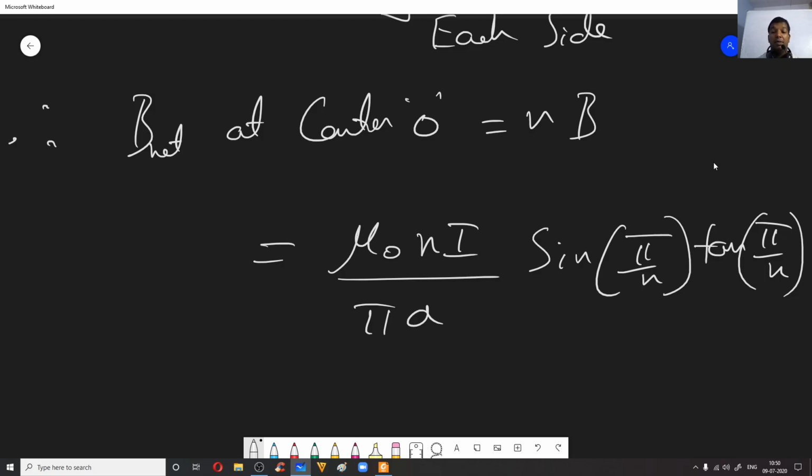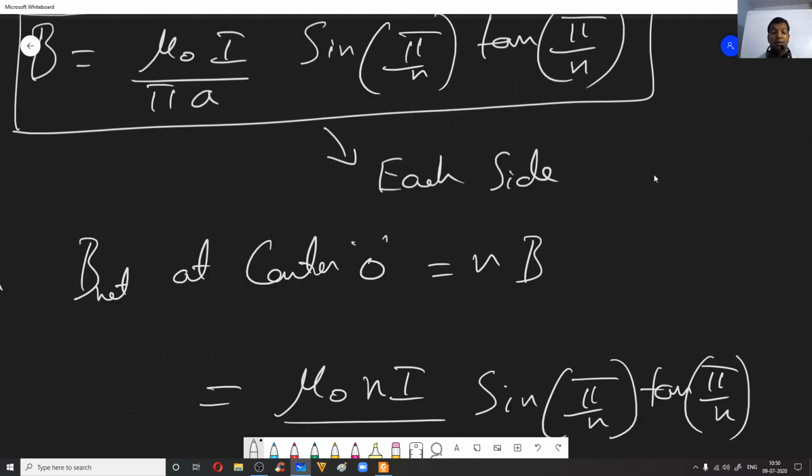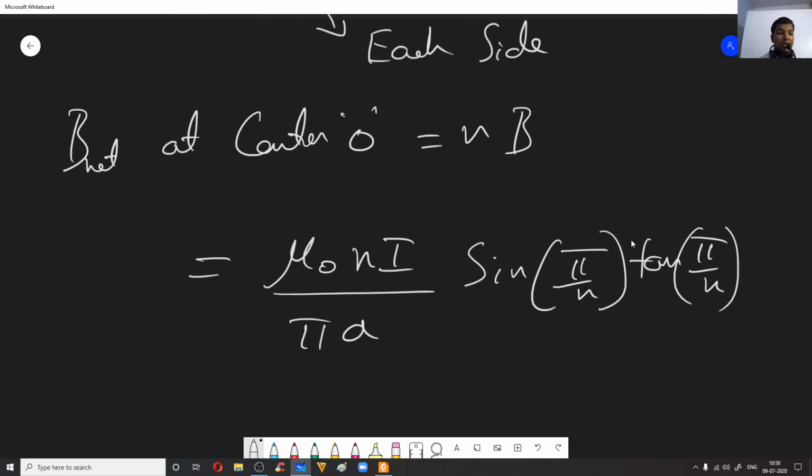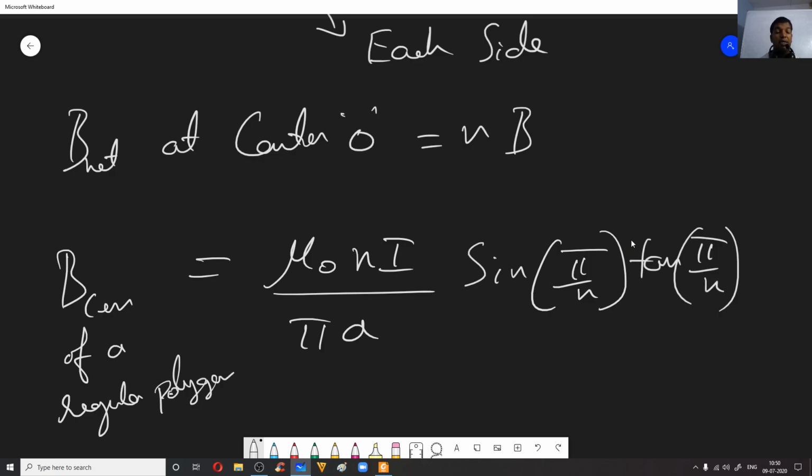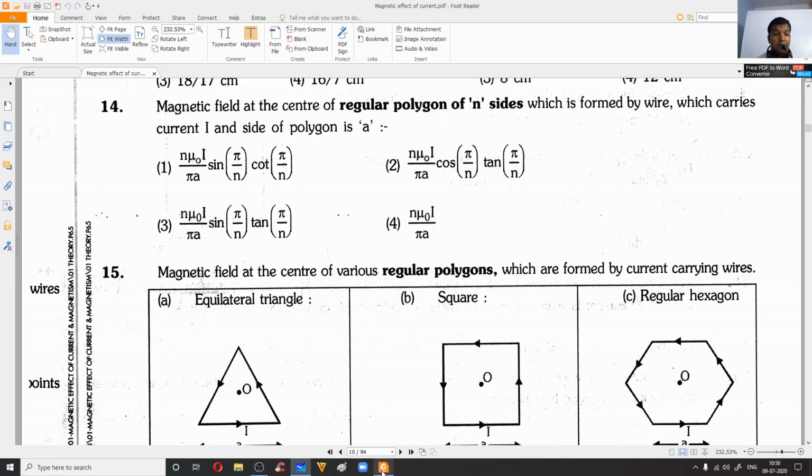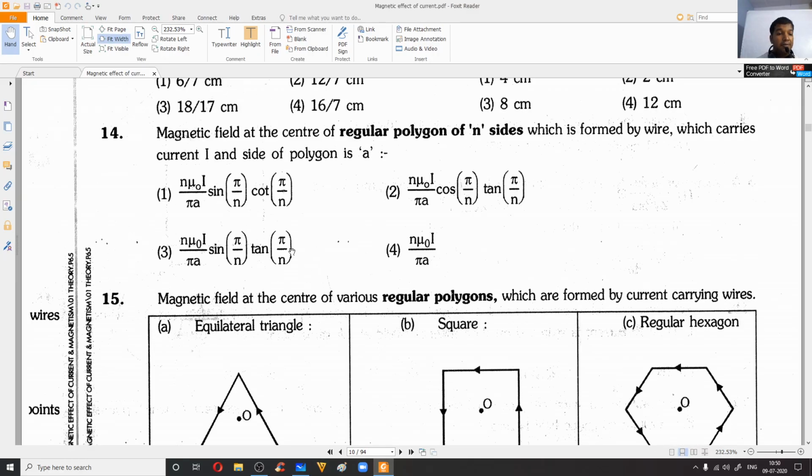I think this is right. So this is the net magnetic field at the center of a regular polygon. Direction can be given by the right hand rule. So you have the same result here, the magnetic field at the center of a regular polygon is given by n mu naught I divided by pi a, sine pi by n tan pi by n. So option 3.